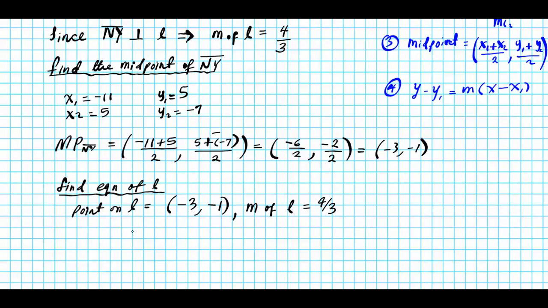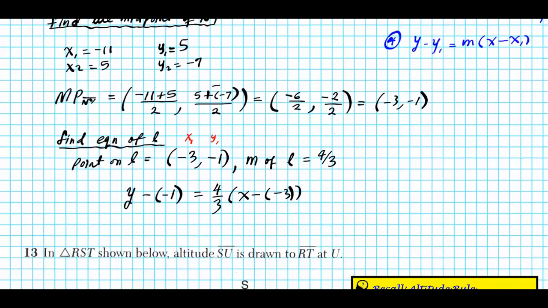We just simply use this formula right here, right? Y minus y1, y1 is negative 1. Y minus y1 equals m, which is, what is m? 4/3 times x minus x1, which is negative 3. Okay? Recall, this is x1, y1, and that's m right there. All right.